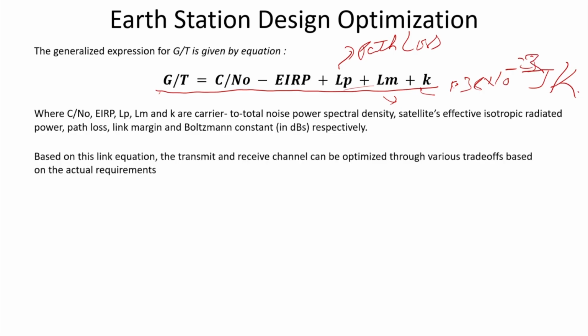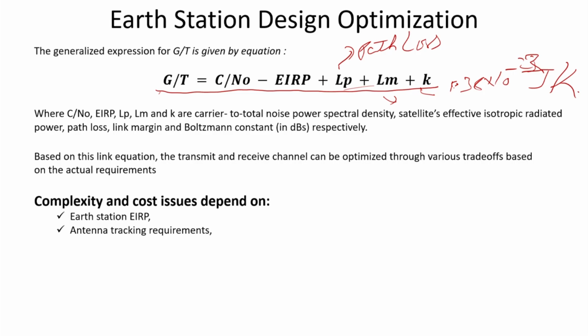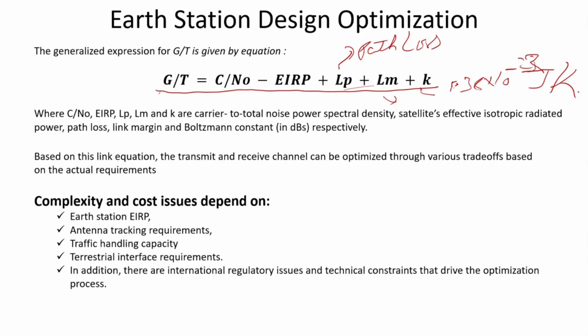Based on this link calculation, the transmit and receive channels can be optimized through various trade-offs based on the actual requirement. What is the complexity and cost issue? This depends on the earth station EIRP, antenna tracking requirements, traffic handling capacity, and the terrestrial interface requirements.